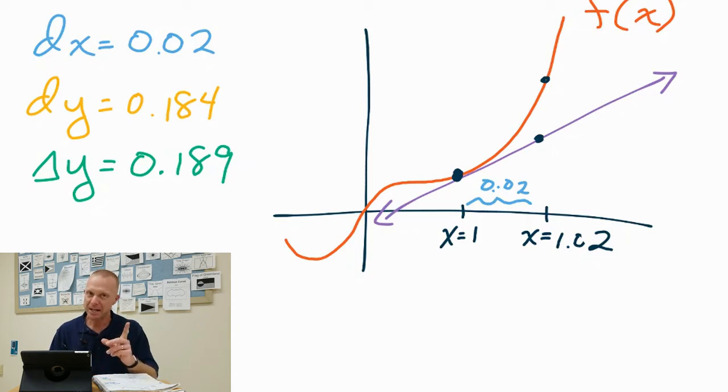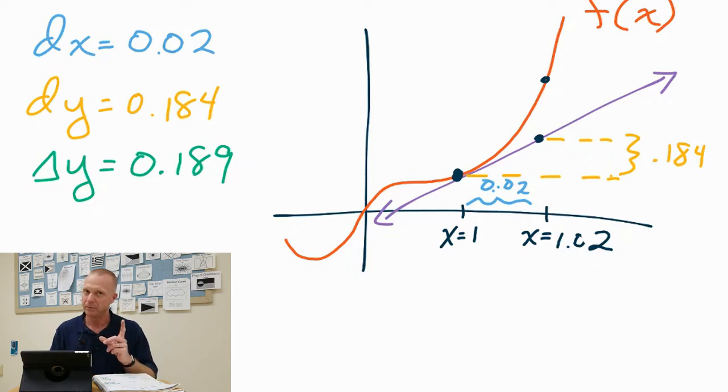Well, that means it's going to be a change on the tangent line, because a tangent line is always the line that is connected with the derivative. Now, what I'm trying to show you is the space between those two y values, the distance between those two y values. That is going to be dy. That's going to be the 0.184.